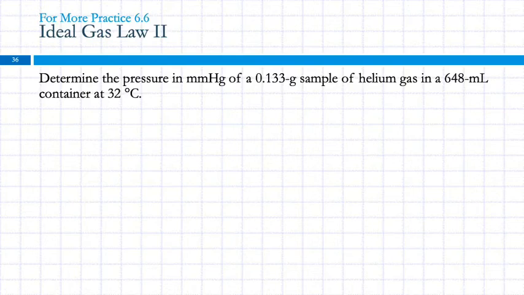Determine the pressure, so that's what I'm trying to find. I've got 1.133 grams. Not sure what to do with that, so I'm going to leave it alone. 648 milliliters. What is that? Volume. That's a volume. And then I've got 32 degrees Celsius. And that's a temperature.